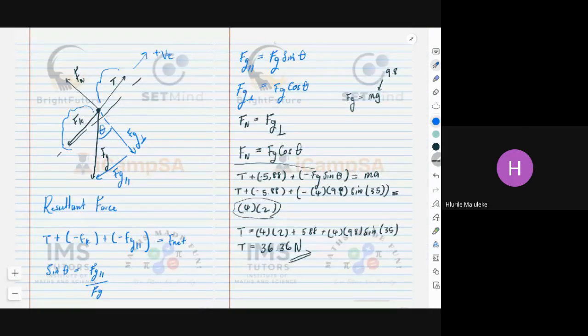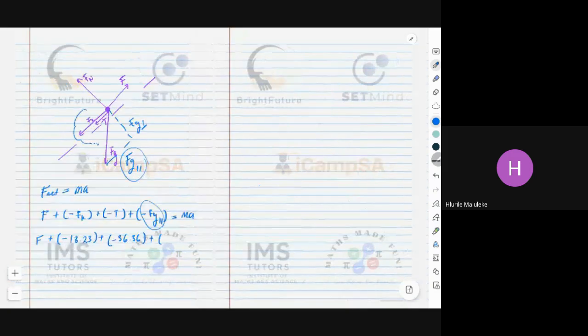We have the component here, Fg sine theta. So we can say minus Fg, which is mass, 9 kg, times 9.8 sine 35, okay, equals 9 kg times 2. Then we can simply get our force F here, because these are just numbers. So you can just punch these numbers in your calculator, transpose to the other side, then you get your answer.